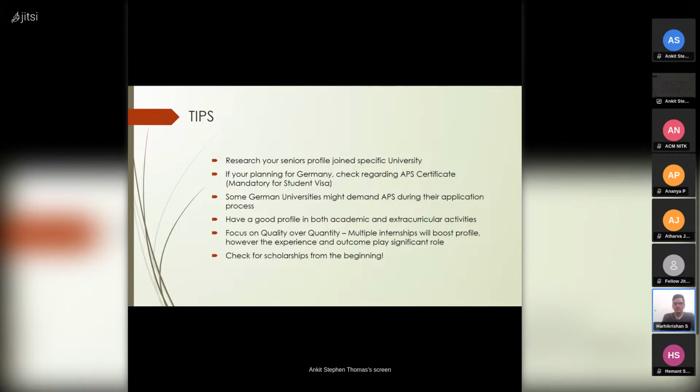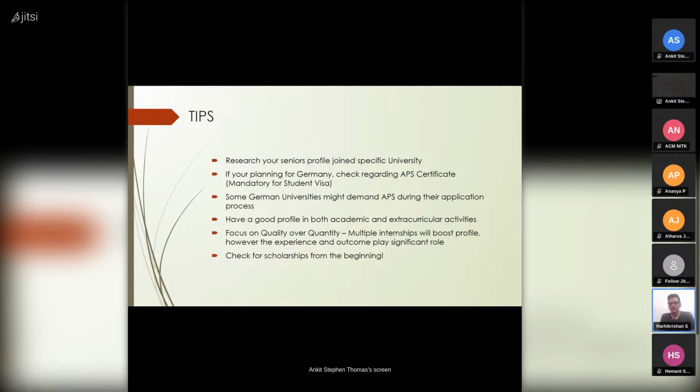And as everyone said before, have a good profile in both academics and extracurricular activities, so that balance is really important. And then your quality: if you get a chance to do multiple internships, then go for it. That's what everyone recommends. But if you didn't get a chance, then whatever you do, try to gain as much experience from it as possible, so that experience and outcome will play a significant role in your application.